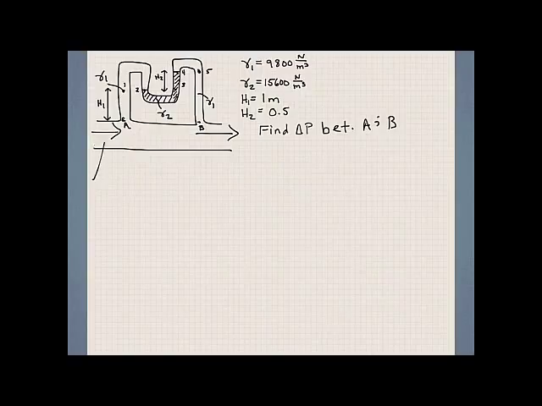And the flow is causing a pressure difference between points A and B. Now we expect pressure A to be larger than pressure B. What we are interested in this problem now is finding the pressure difference between points A and B. So we're just looking at a delta P, or we can say PA minus PB.